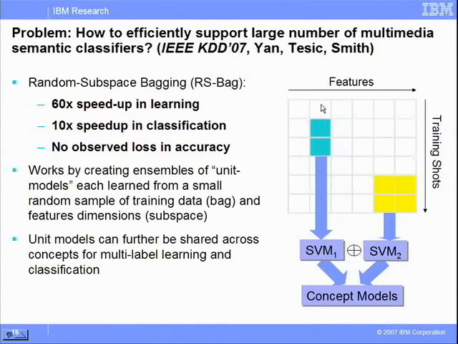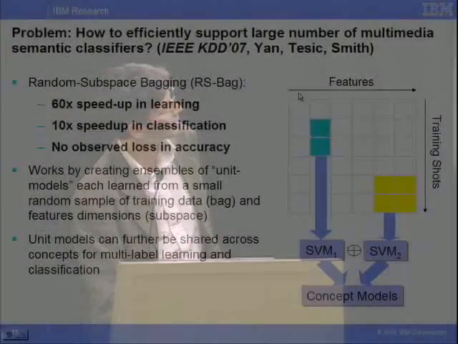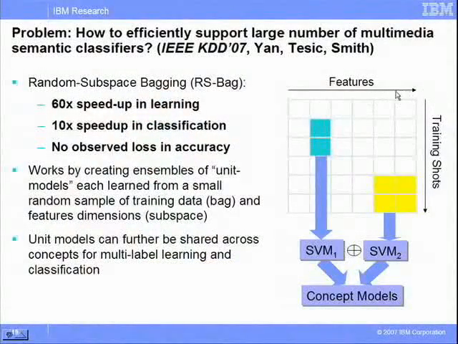So let's say we take our color descriptor and our texture and we just stack them side by side. And we get a really high dimensional vector that goes this way. And then on this dimension are our training examples. Here they're called training shots because these came from video. But think of it as, this row here represents one example video shot, and these are all of its dimensions of its feature descriptors.